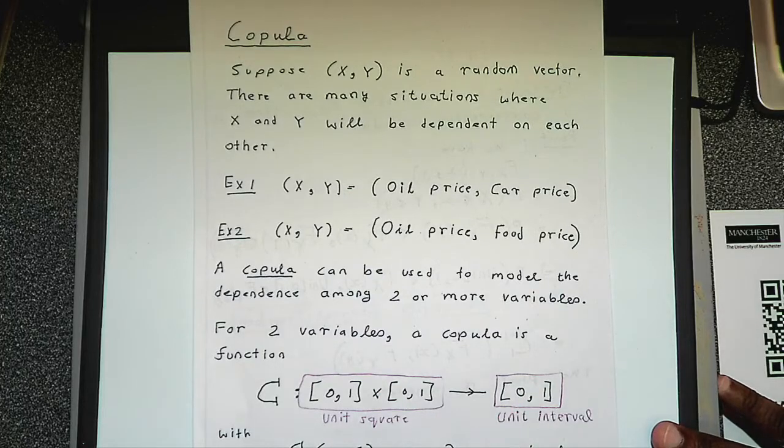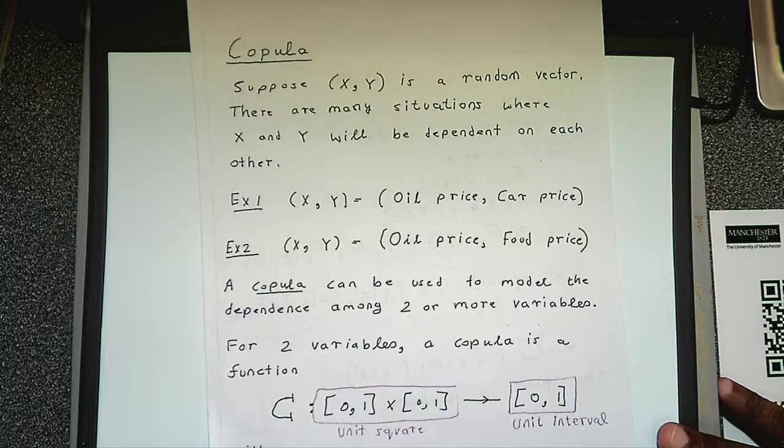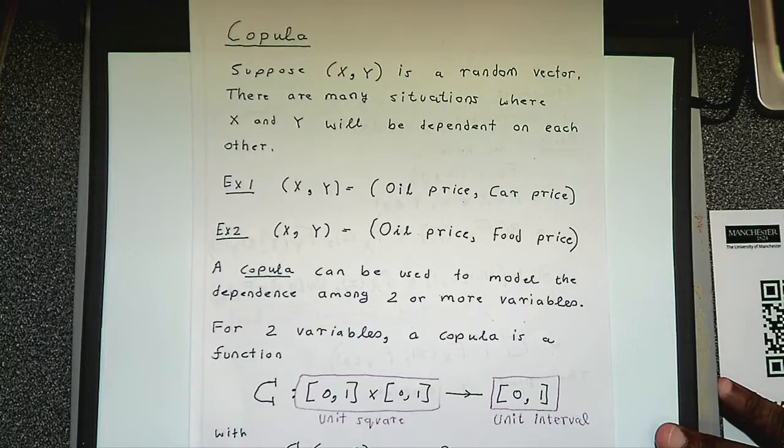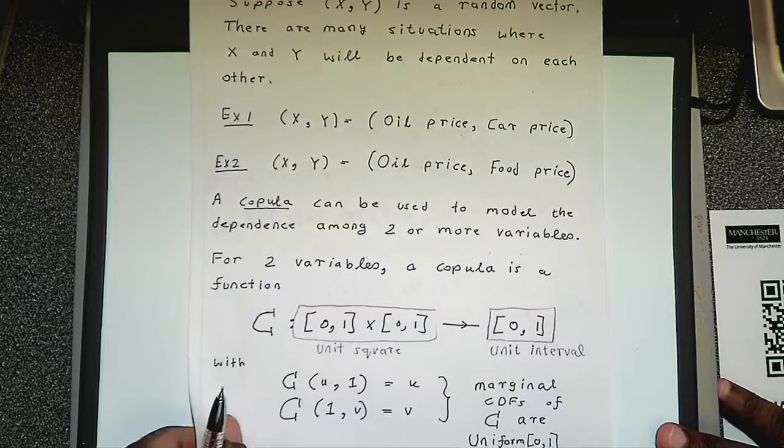And it must satisfy these two conditions. That is, the marginals must be uniform(0,1). That's what these two mean. So this is a loose definition of a copula. I will give a more formal definition of a copula later on.